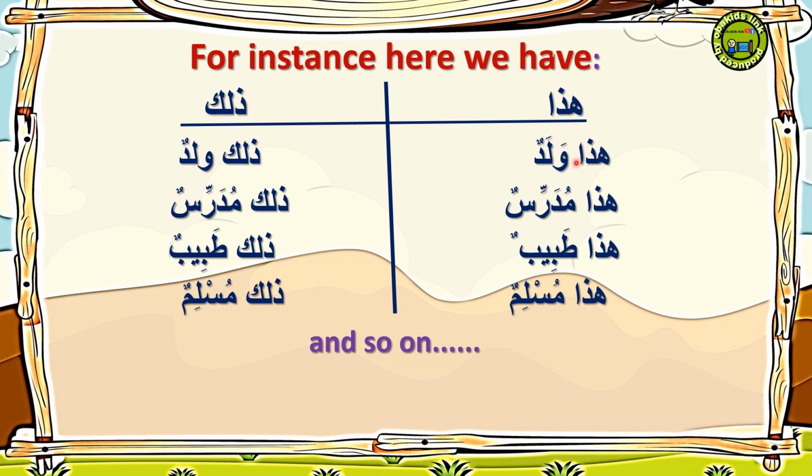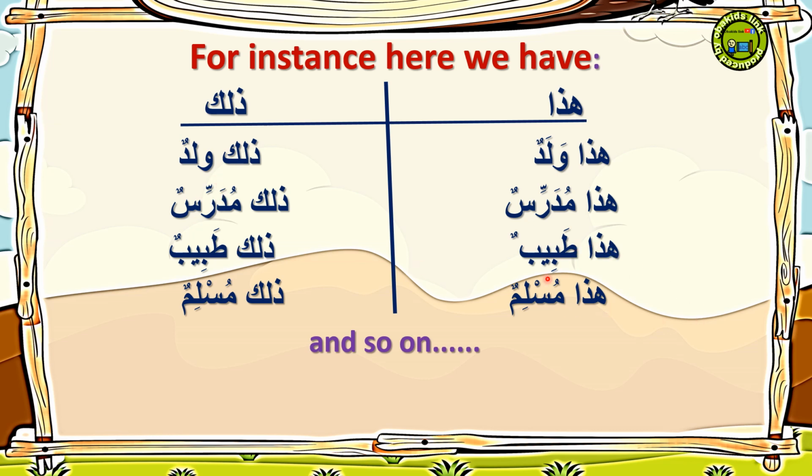Haza waladun means this is a boy. Zalika waladun means that is a boy. Haza mudarrisun means this is a teacher. Zalika mudarrisun means that is a teacher.